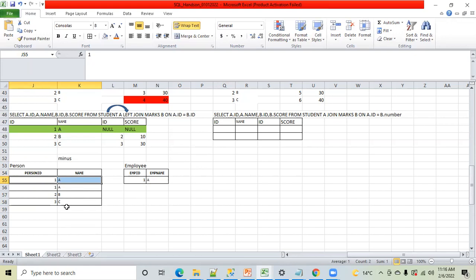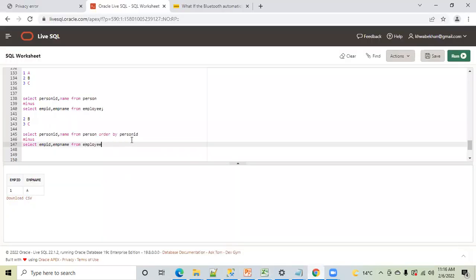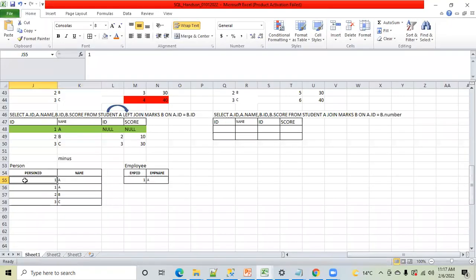But suppose you have sorted this in descending order, Person ID descending. Take this example.